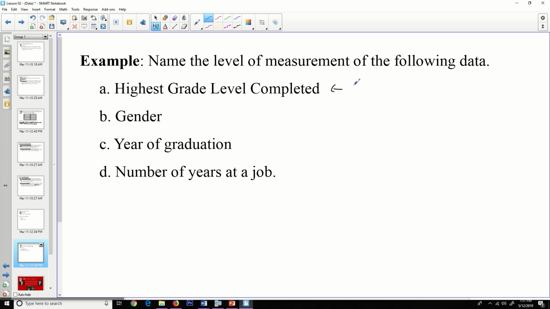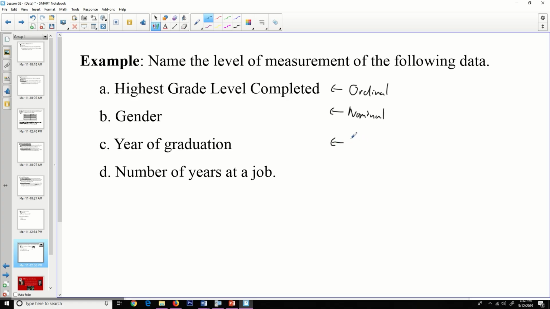That is going to be ordinal because clearly we can arrange this data in order, but we really can't have a whole lot of differences between those data entries. The second one here, gender, is going to be nominal. Gender just names a person, and we can't make any calculations based on that, and it is certainly not quantitative data because it contains no numbers.